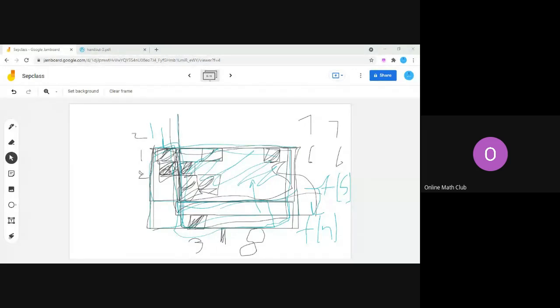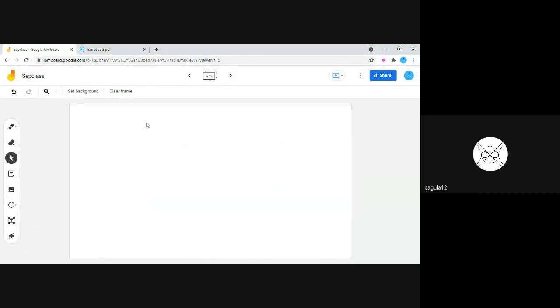So maybe what we can try to do is in this rectangle, right? Okay, you know what? This is a little too messy. Let me go to another one. Give me a second, I'll just draw.